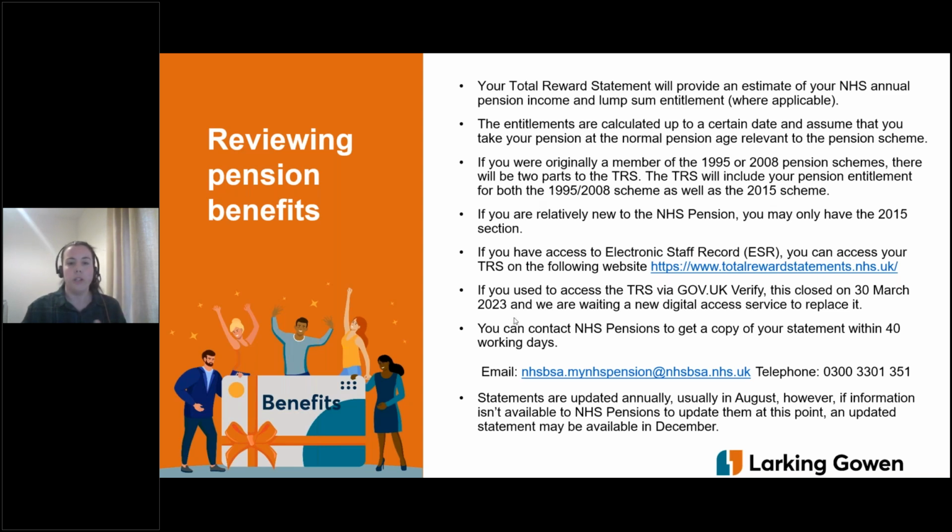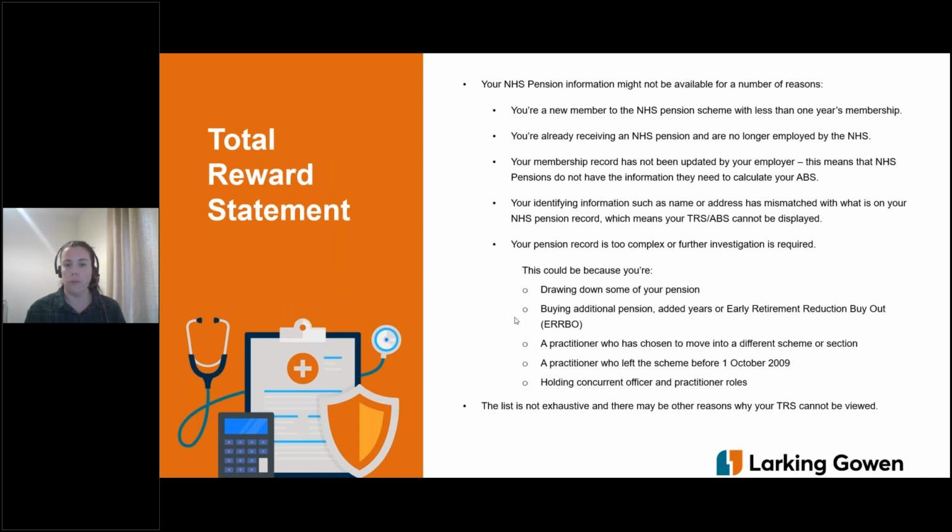So I'm going to talk through the total reward statement and just bring it to life a little bit. Now, as Lizzie said, you might not be able to get a copy of it. Normally that is because you've got a year that's missing. So you may have submitted a 2019-20 certificate to PCSE, and then we've submitted 2020-21, 2021-22.